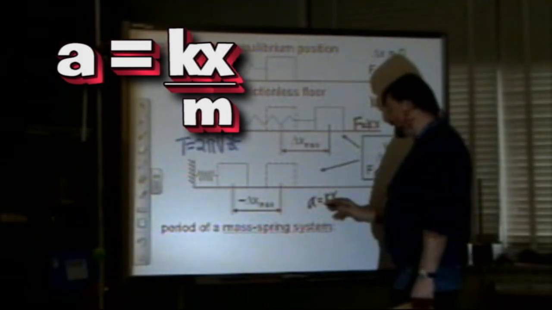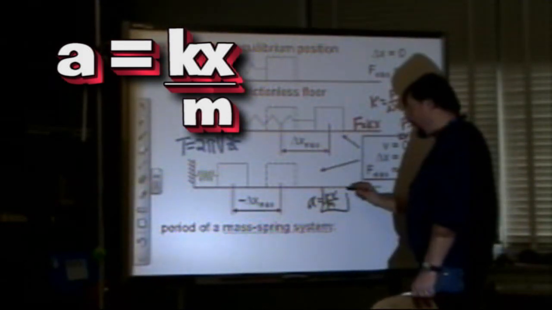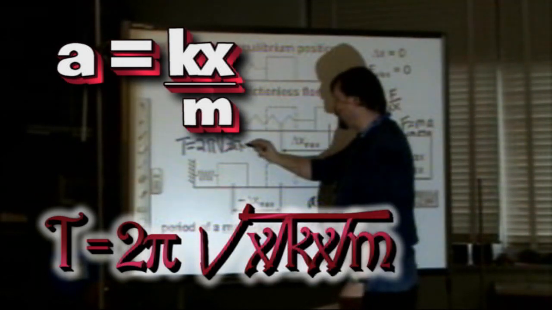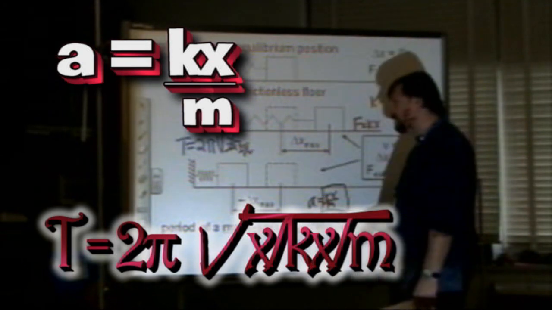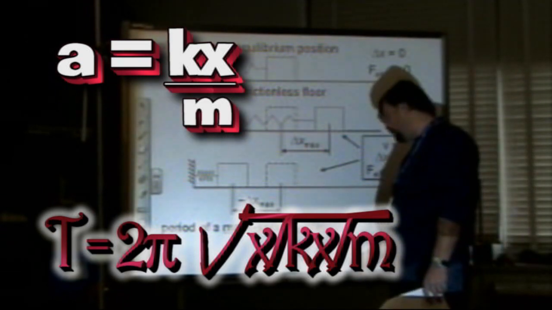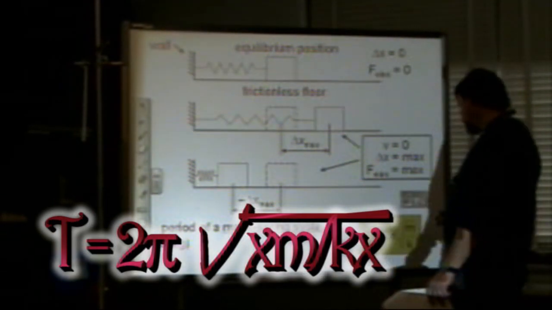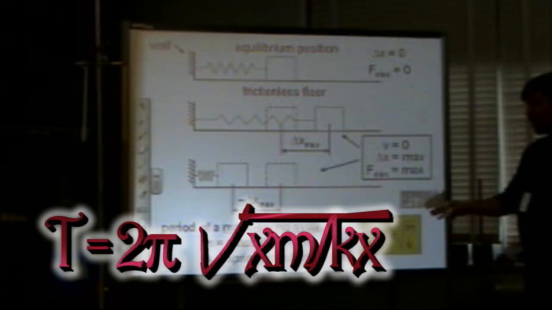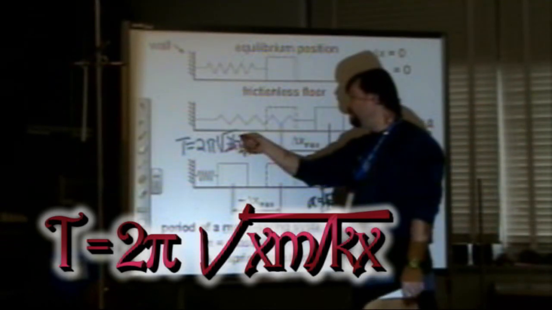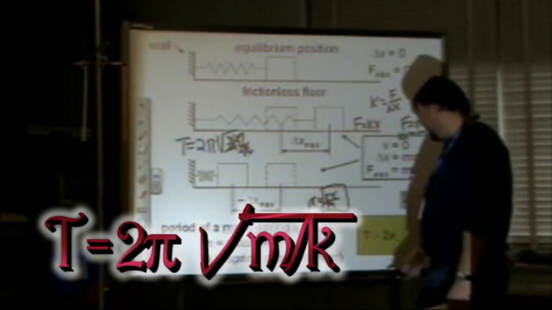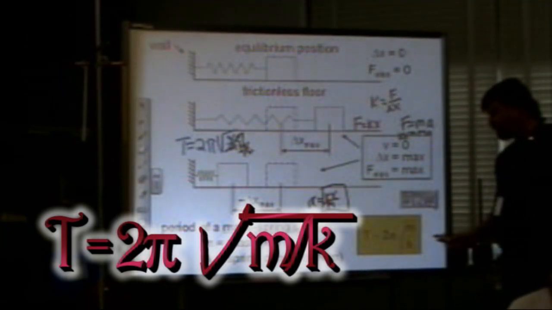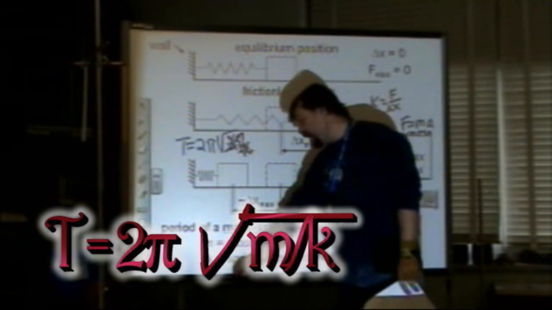So if we take this acceleration and we replace a with kx over m, we see that we can rearrange this equation so that the time period of a mass spring system can be determined by the mass divided by the spring constant, square rooting that, times 2 times pi.